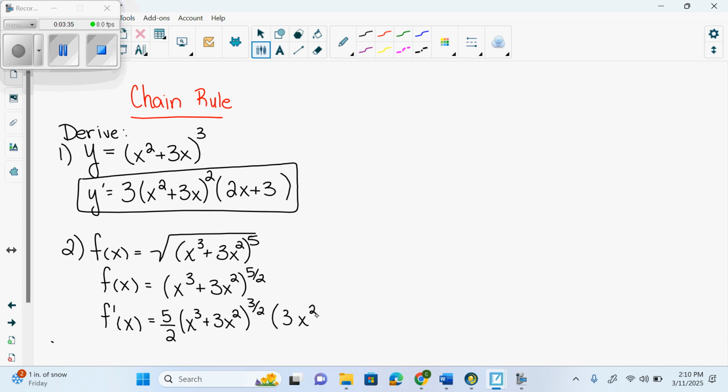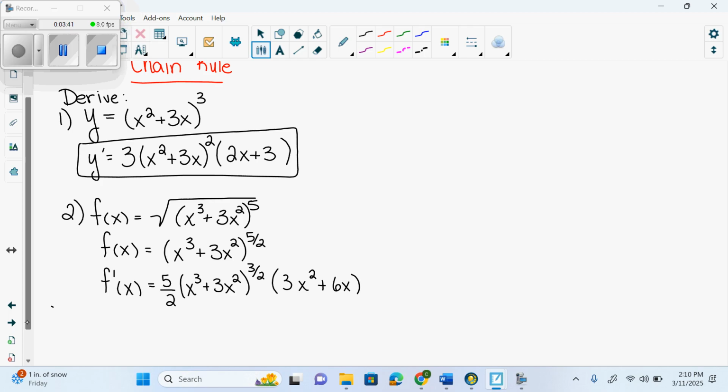3x squared plus 6x. The catch is that the 3x squared plus 6x, I can take a 3x out of it, so I still will. So we get 5 over 2, x cubed plus 3x squared, and 3 halves.